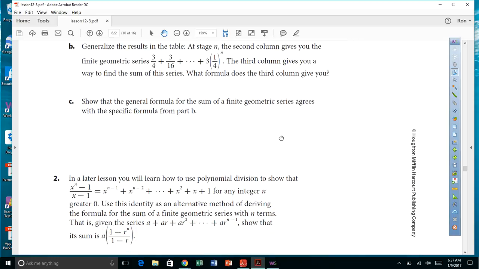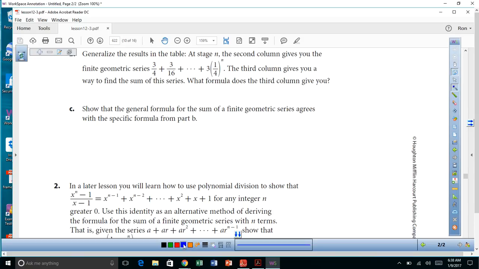Generalize the results in the table. At stage N, the second column gives you the finite geometric series 3 fourths plus 3/16 plus and so on, plus 3 times 1/4 to the n power. The third column gives you a way to find the sum of this series. What does the third column give you?